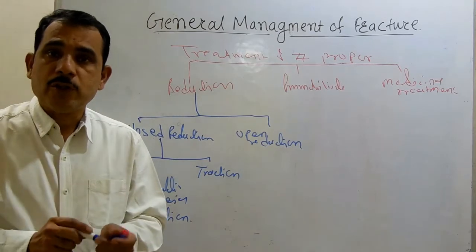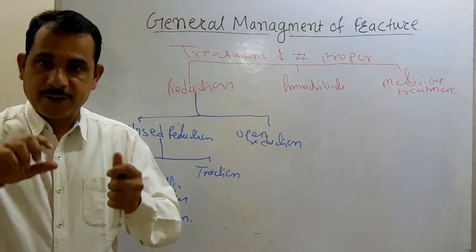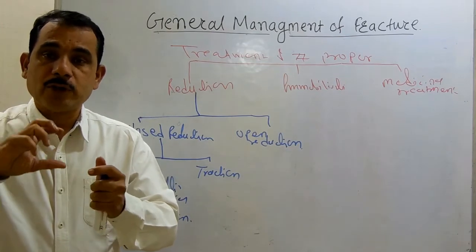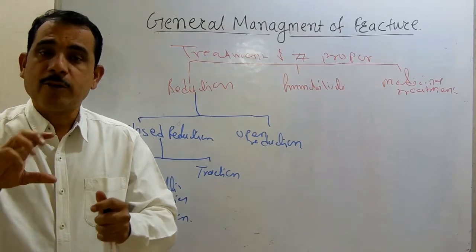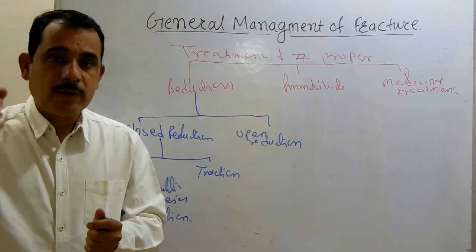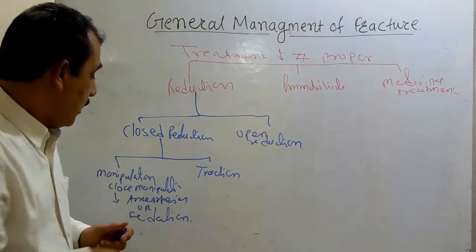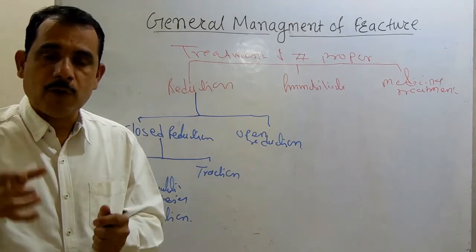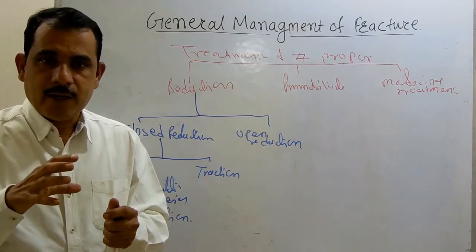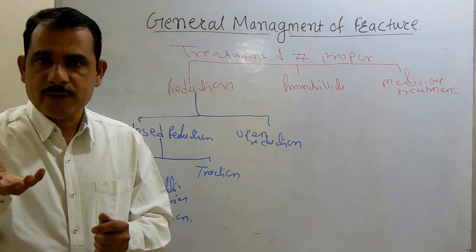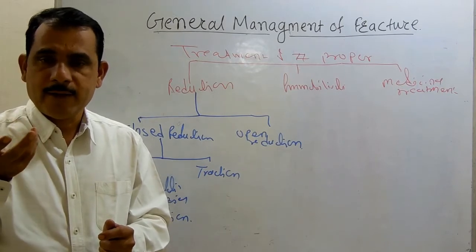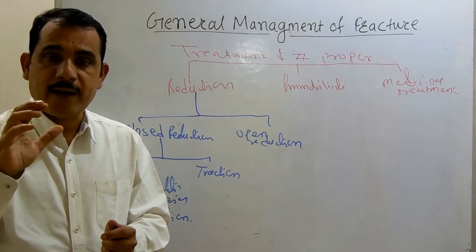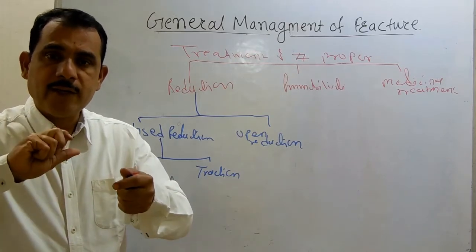Why? Because the fracture has to be moved manually, and when we move it manually, it will cause pain. Second, it will be difficult to reduce. When we give anesthesia or sedation, it helps us reduce easily, because there will not be pain for the patient, and second, the muscle becomes relaxed, and you can move the fracture easily.